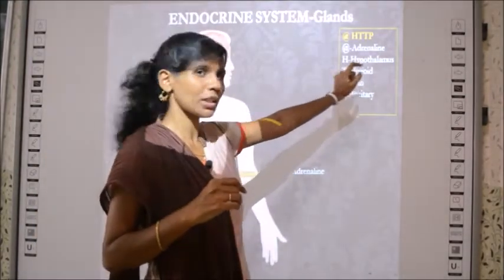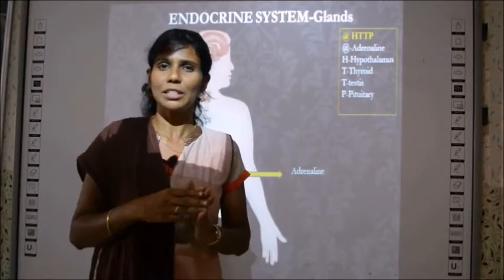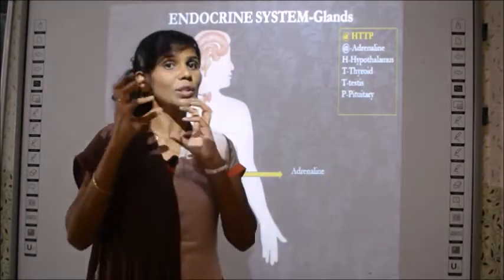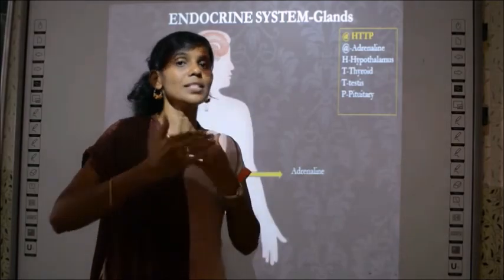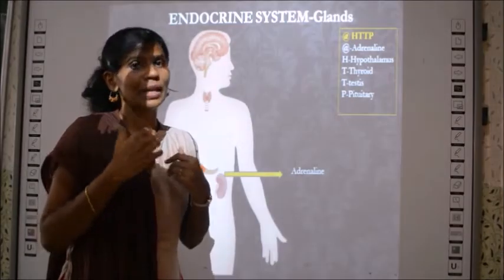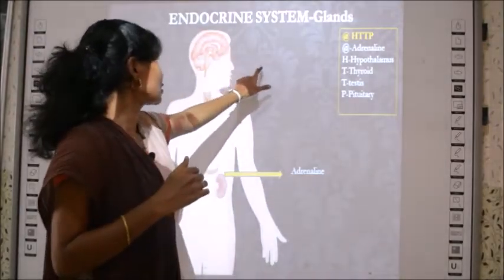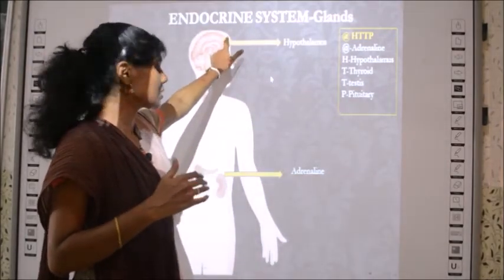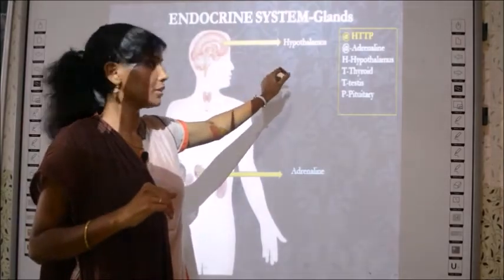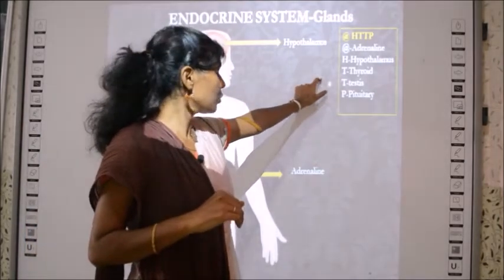So next is hypothalamus. When I was explaining this term itself, I told you it is relevant to the brain and hypo is below the brain. So thalamus is brain and hypo is below the surface of the brain. So the location of hypothalamus is just below the surface of the brain. And the next hormone is thyroid.